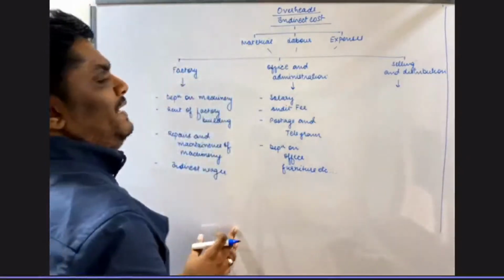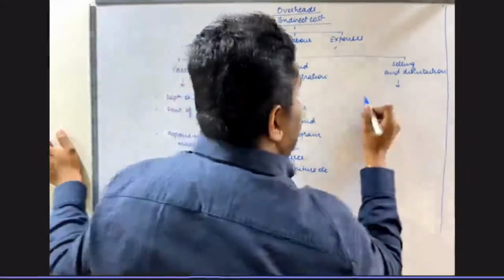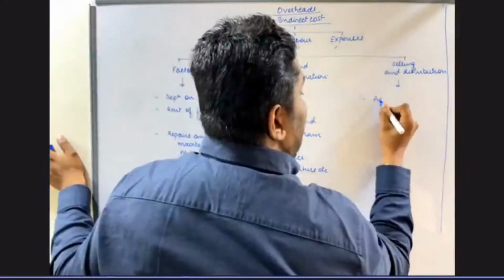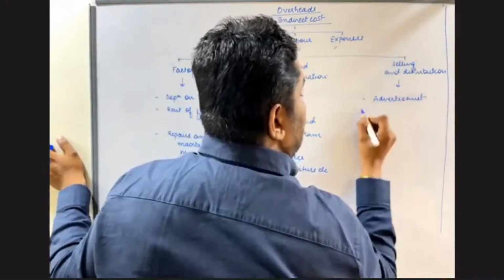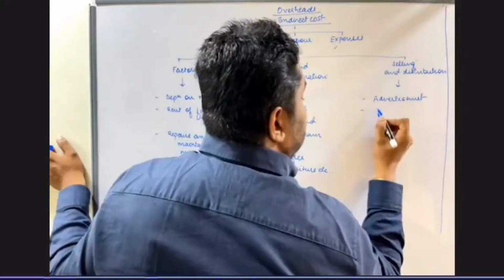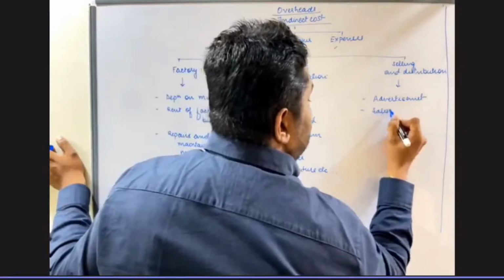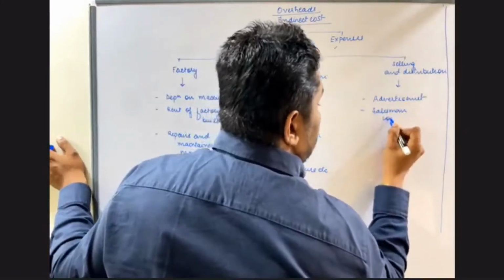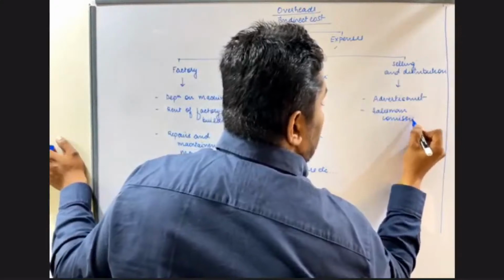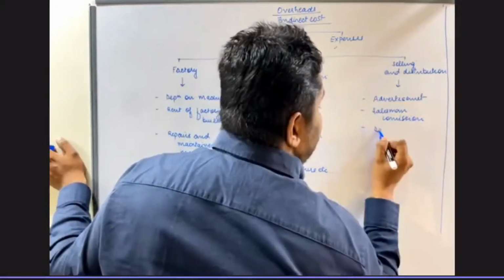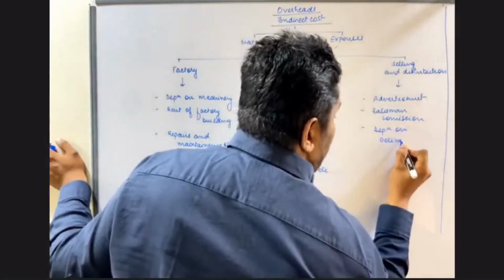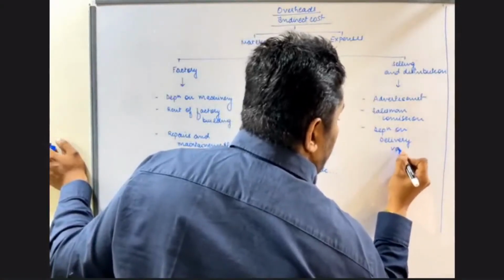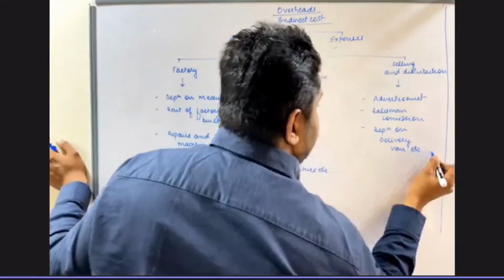When talking about the indirect costs that can be incurred at selling and distribution level, it is advertisement cost, salesman commission, depreciation on delivery vans, etc.